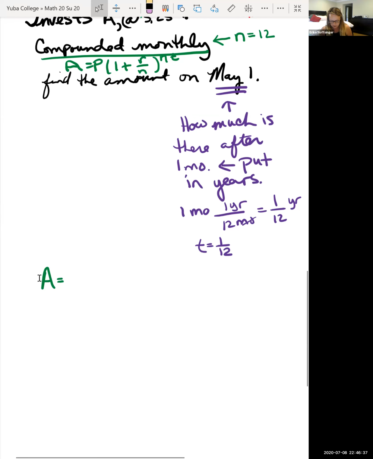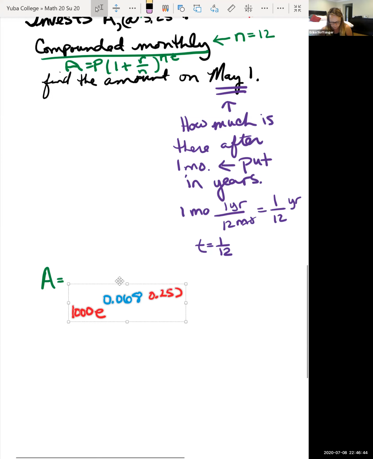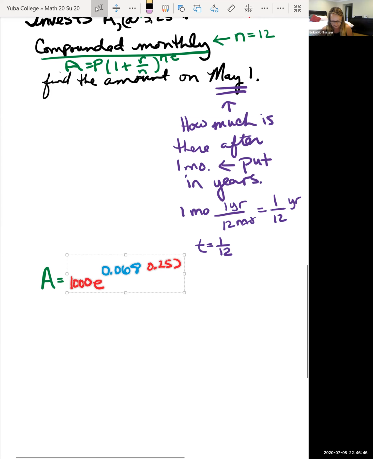So it's equal to our principal, which was the amount that we had gotten before, which is this, all times our equation.